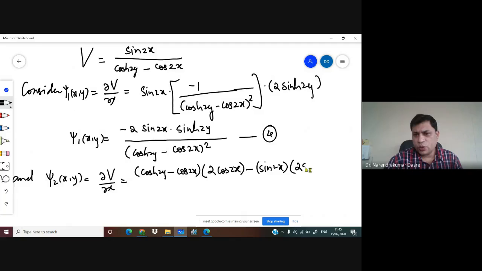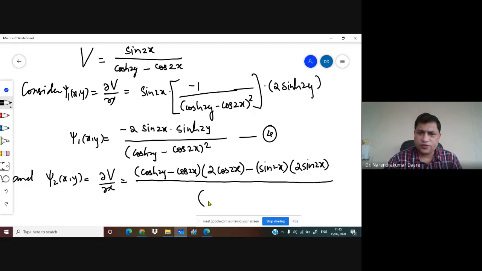It will be 2 sine of 2x, because the derivative of hyperbolic cosine 2y is 0. The derivative of cosine is minus sine, so this minus and this minus sign will give plus, and the derivative of cosine is 2 sine 2x. The denominator is cos hyperbolic 2y minus cos of 2x bracket square.